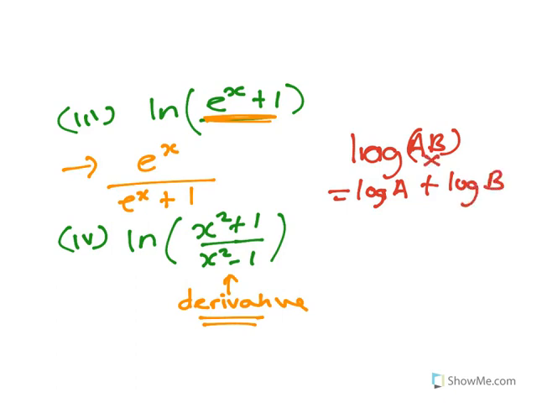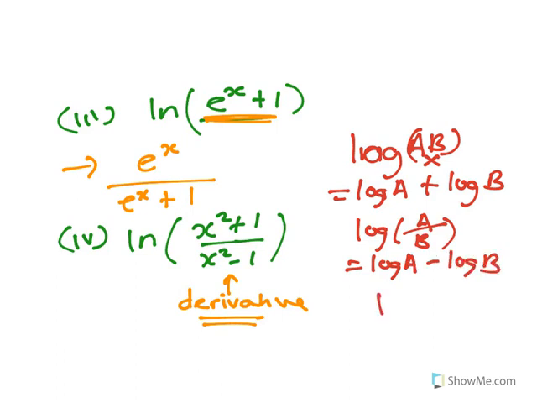So if you're multiplying, then you're actually adding the logs, because you're adding the indices. If you are dividing, you can split that up by going log A minus log B. And if you have a power, log A to the power of n, you get n log A, because the n comes down and it becomes a times.